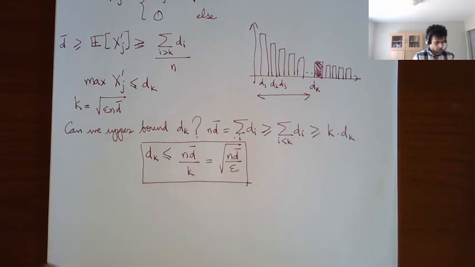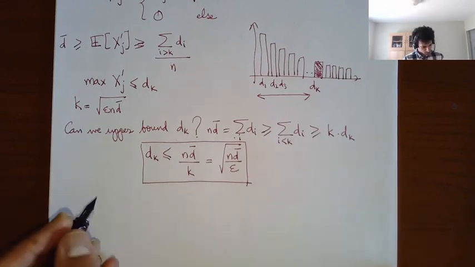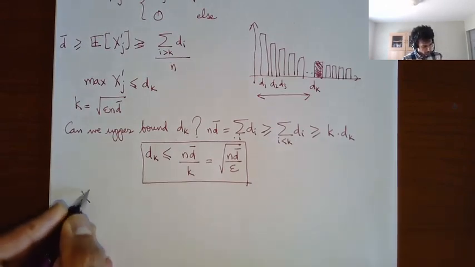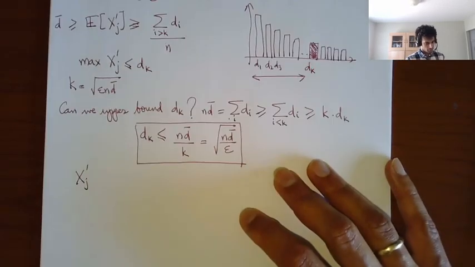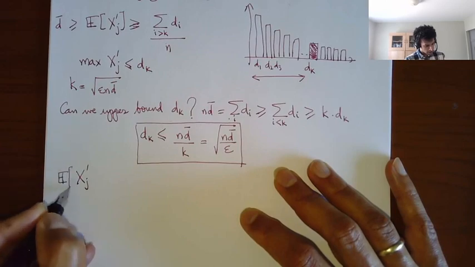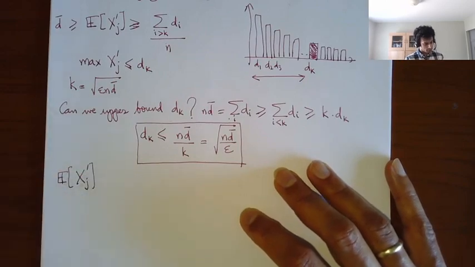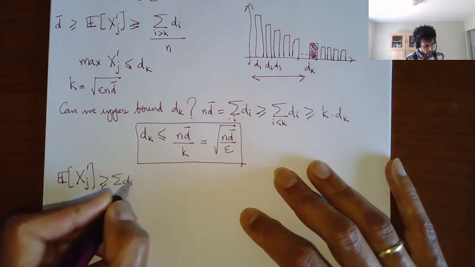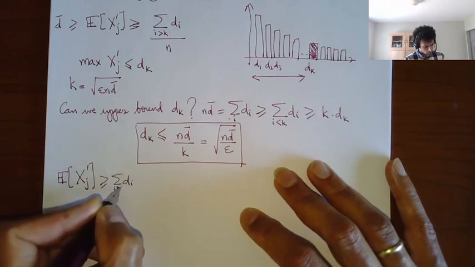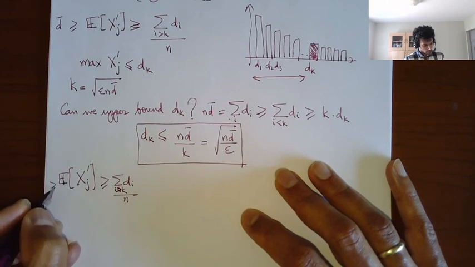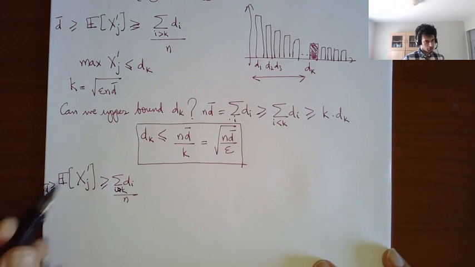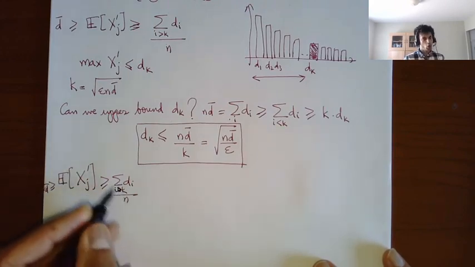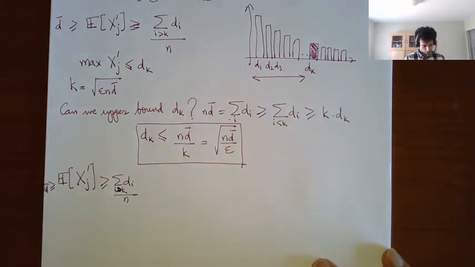We can essentially apply Chebyshev. So let's look at this truncated random variable xj prime. So we know that the expectation of xj prime is at least what we want divided by the average. It's between the average degree and a good estimate of the average degree.